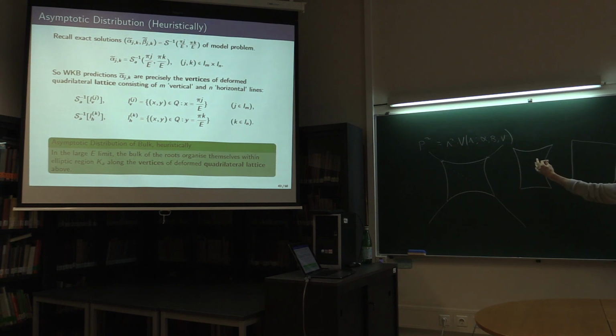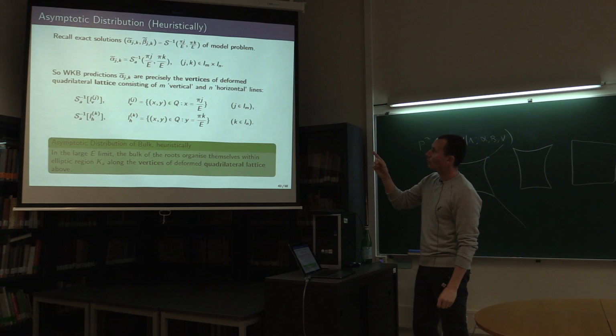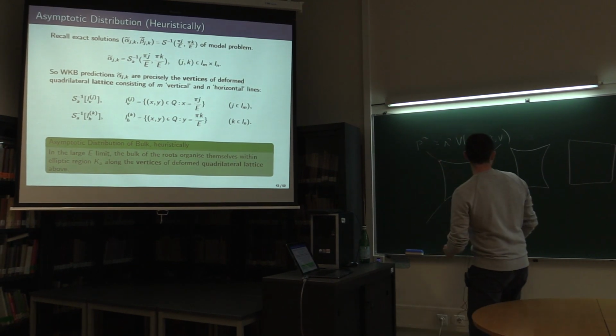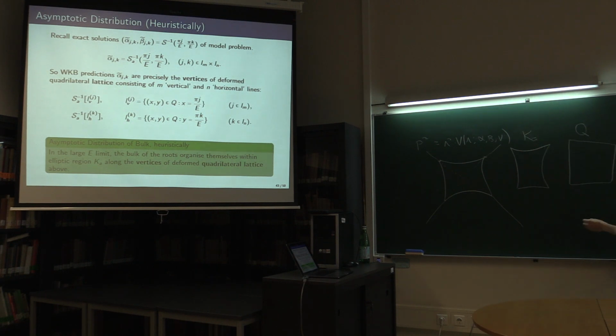So the alpha tilde are the inverse images of these points pi j on E, pi k on E. So this is Q, this is the elliptic region.